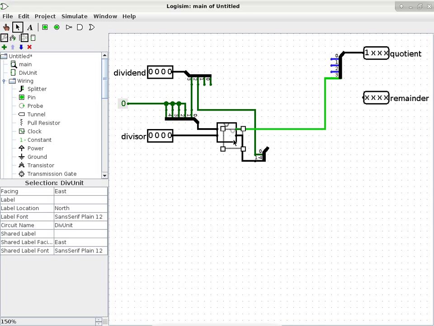We replicate the division unit. This becomes the first number, and the divisor is always the second number. So the divisor is just going to be replicated throughout as the second number. There we go. And then we put this bit here as the second most significant bit of the quotient.